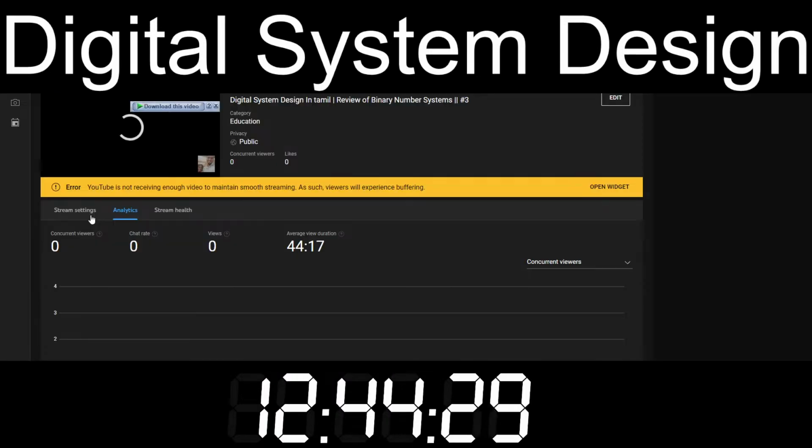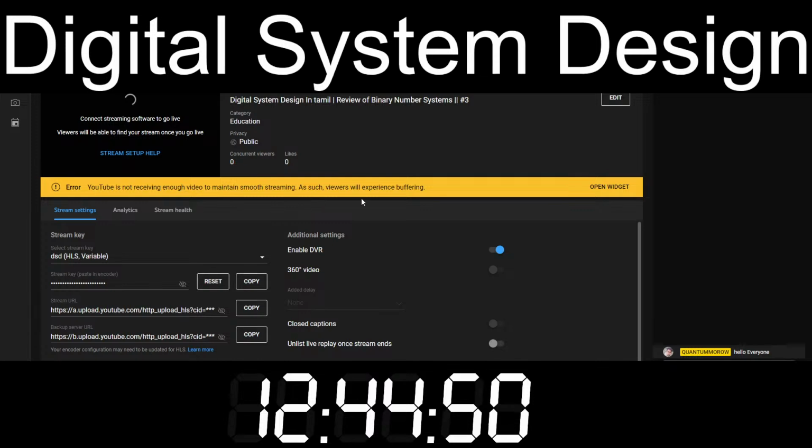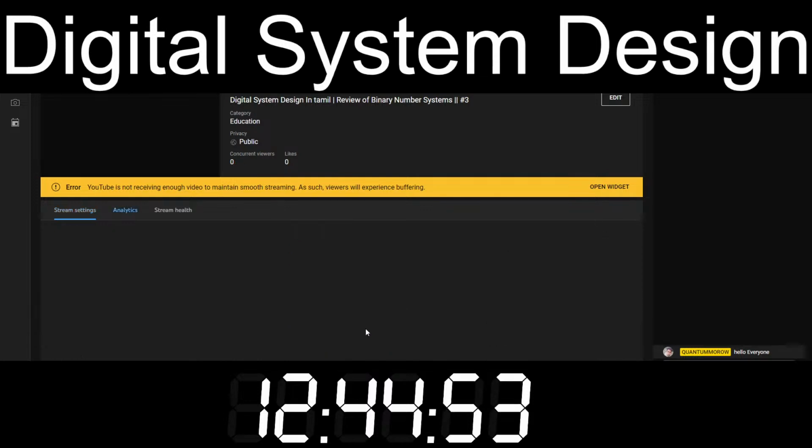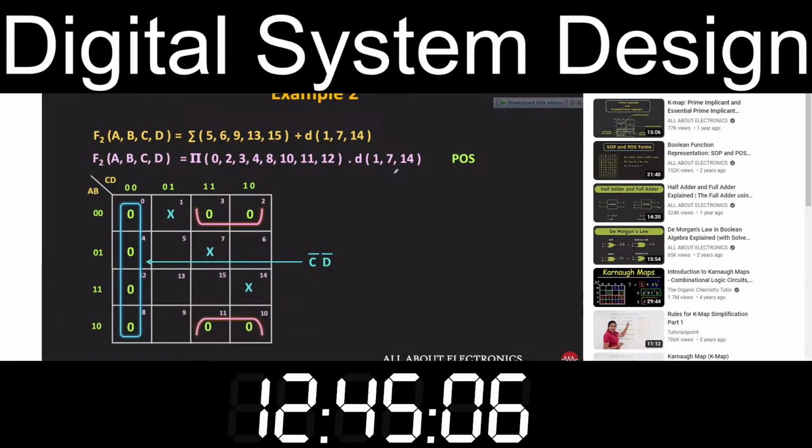Then it is the summation C bar dot D bar, while this group corresponds to B bar dot C. That means this function f2 dash is the summation of B bar dot C and C bar dot D bar.